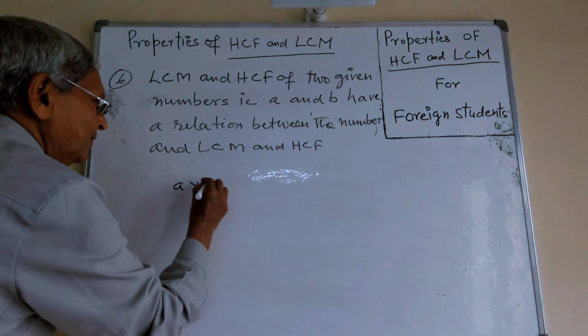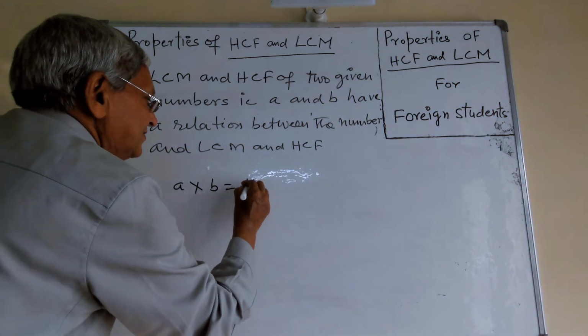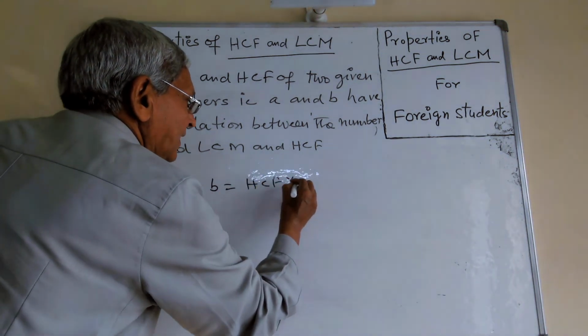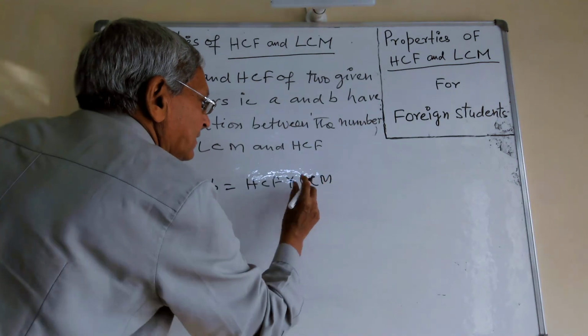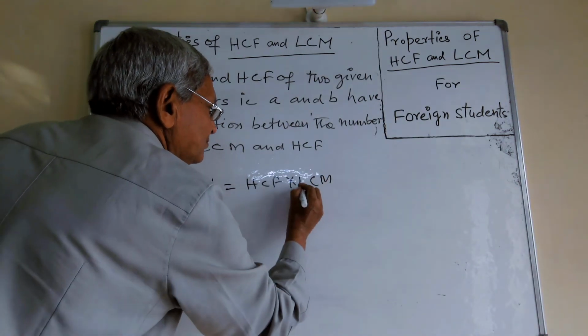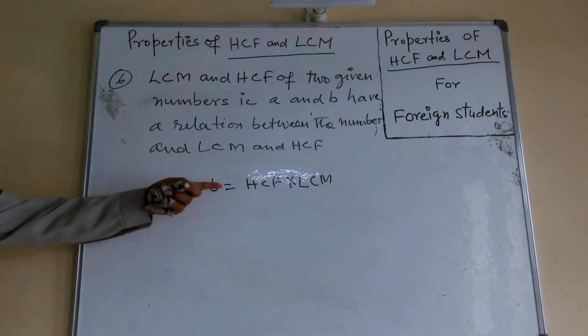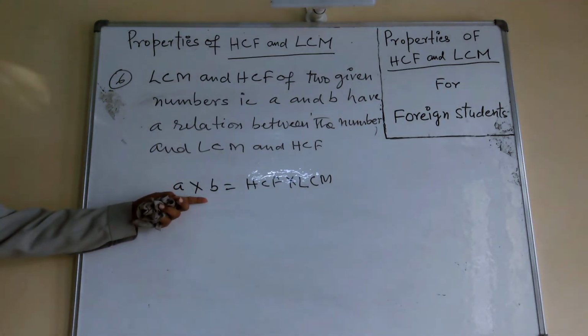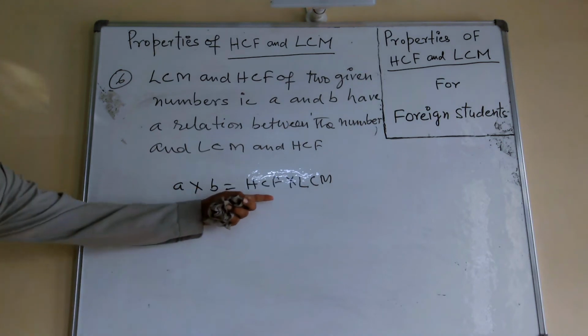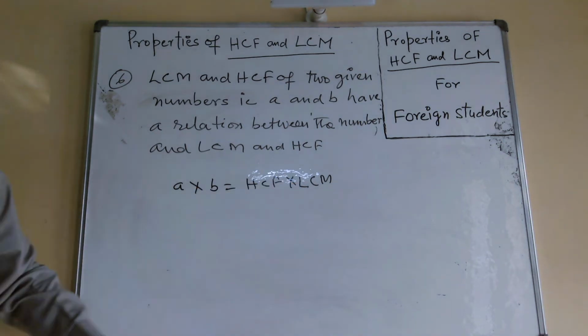A into B is equal to HCF into LCM. My dear students, if two numbers A and B are given, the product of these numbers will be equal to the product of the HCF and LCM.